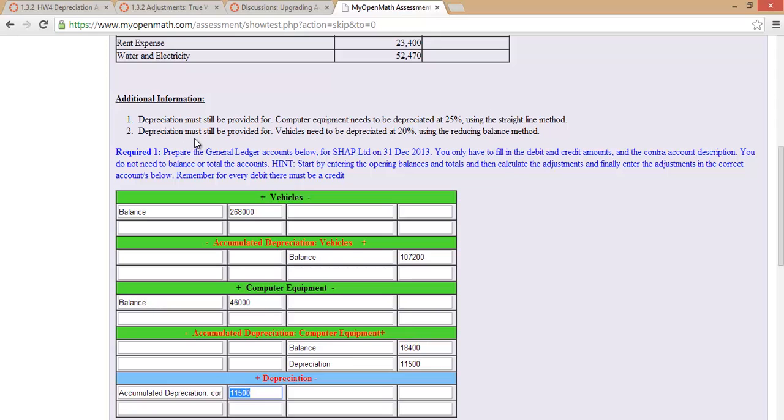Next one says depreciation must still be provided for vehicles, and vehicles need to be depreciated at 20% using the reducing balance method. So let's go to my whiteboard. The formula for the reducing balance method is the cost minus the accumulated depreciation, which is going to give me my carrying amount, multiplied by the rate.